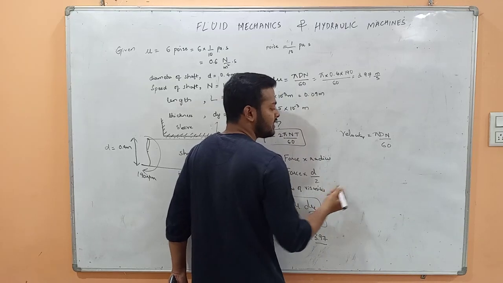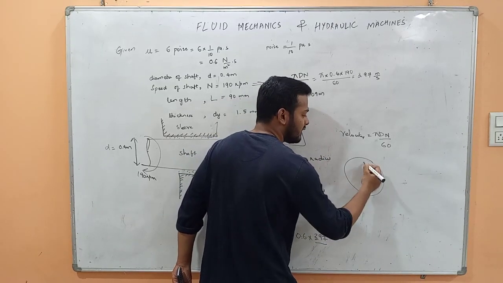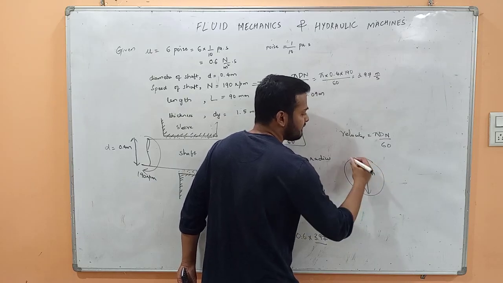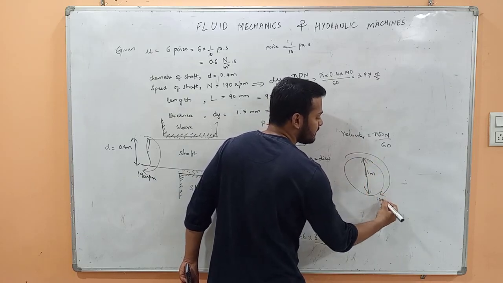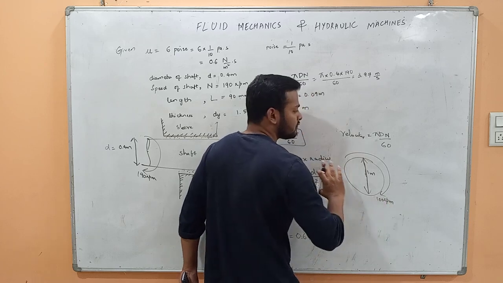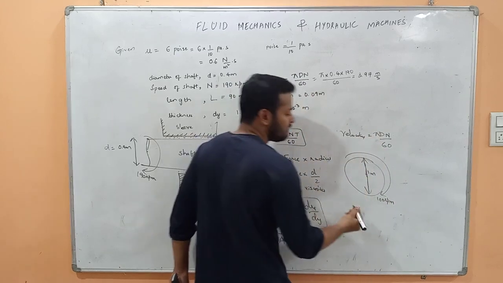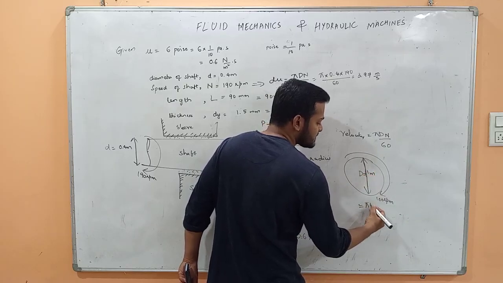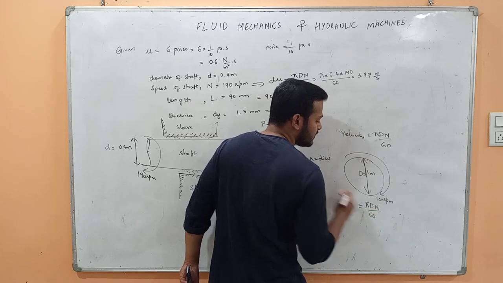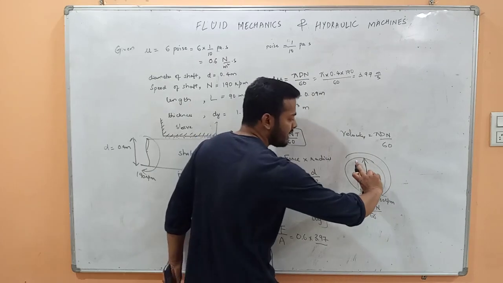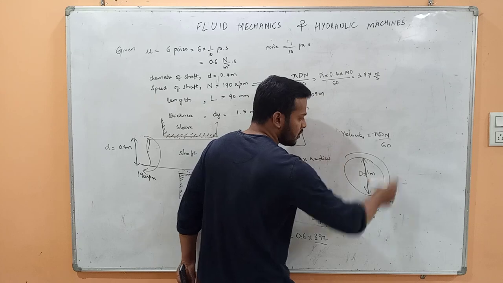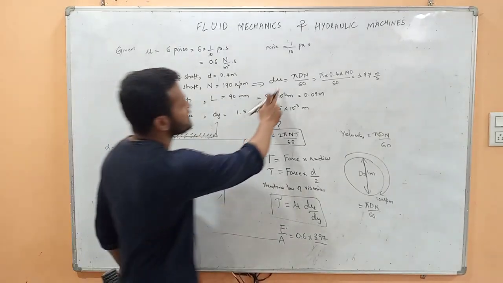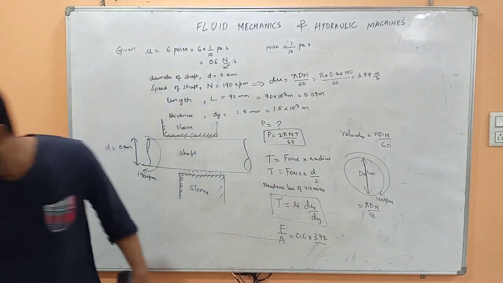Like if you have a tire of diameter 1 meter, rotating at let's say 100 rpm, you can find out with what speed your vehicle is moving using pi dn by 60, from the diameter of the tire and the rotations the tire takes in 1 minute.